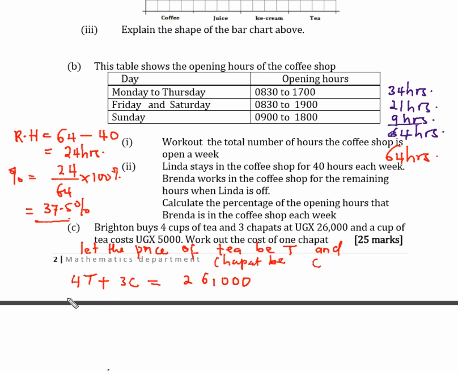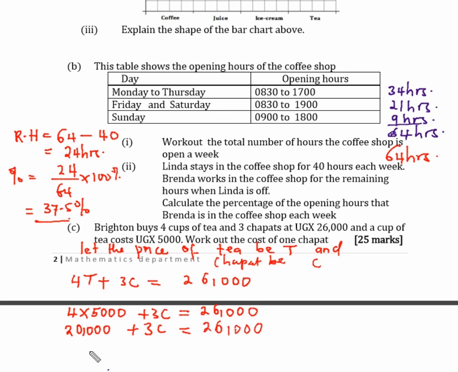Of C. So that is 4 times 5,000 Ugandan shillings plus 3C is equal to 26,000, and that is 20,000 Ugandan shillings plus 3C Ugandan shillings is equal to 26,000.